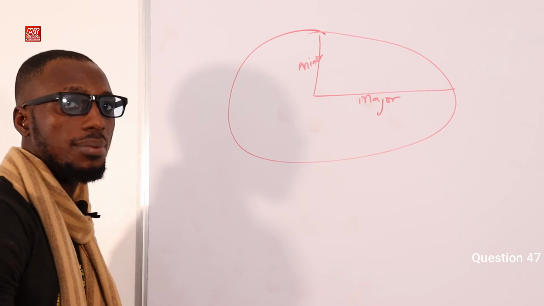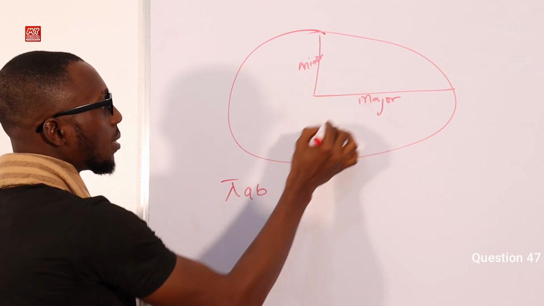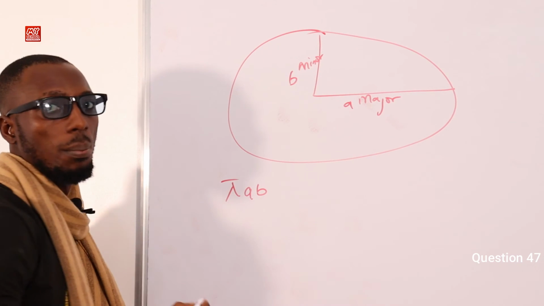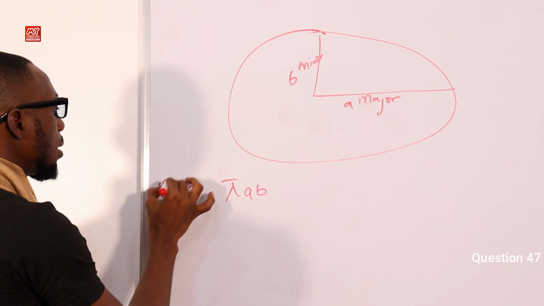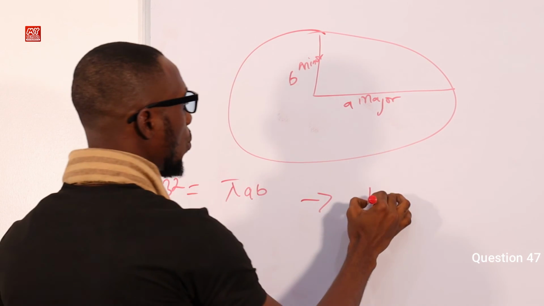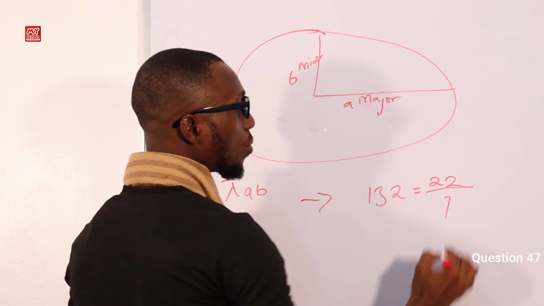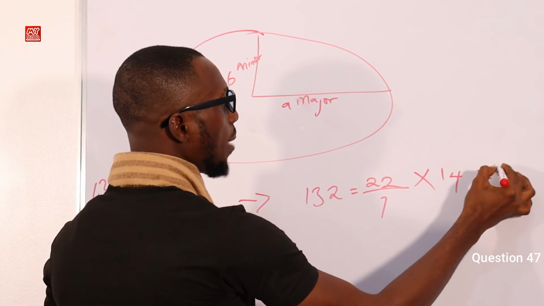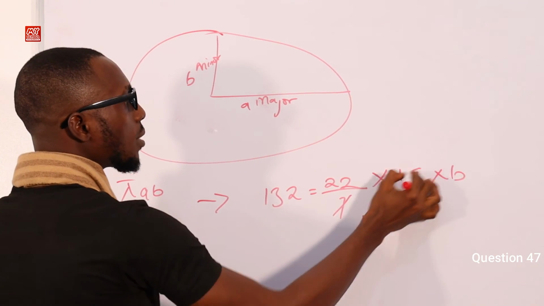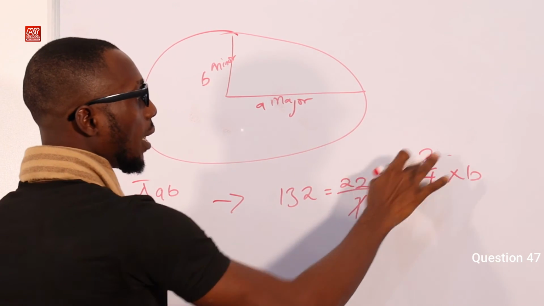So the area of an ellipse is given as pi AB. This is A for major, B for minor. So this is the area. We are told that the area from the question is 132. So what we have is 132 equals pi. I can take my pi as 22 over 7 times A. A is given as 14 times B. So we have 7 here 1, 7 here 2.